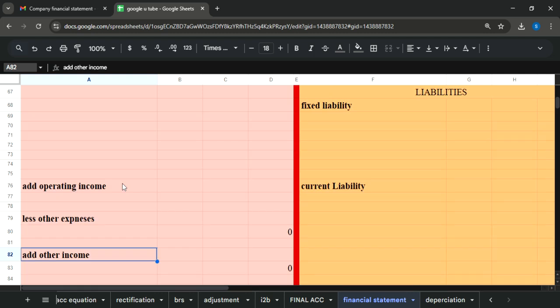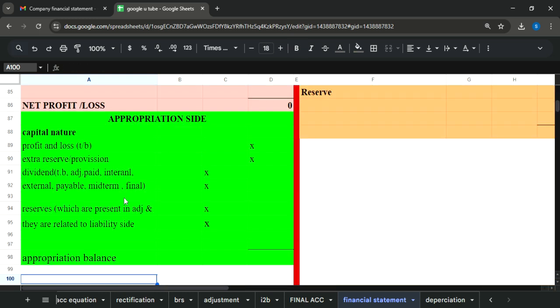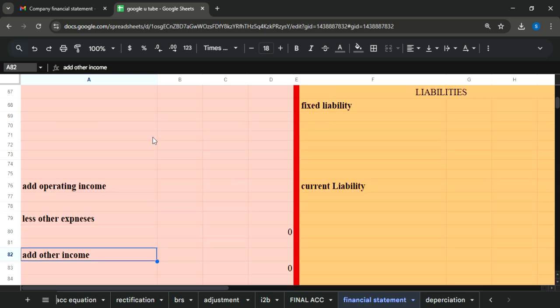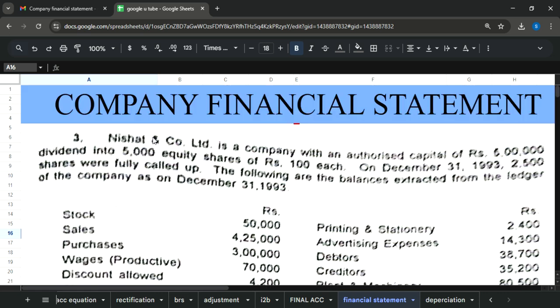So this was your brief introduction for the start, and obviously we will not be discussing this portion again and again on a daily basis since it was the first question. That is why we have introduced this appropriation side. Everything else is as it was in the previous chapter of financial statements.